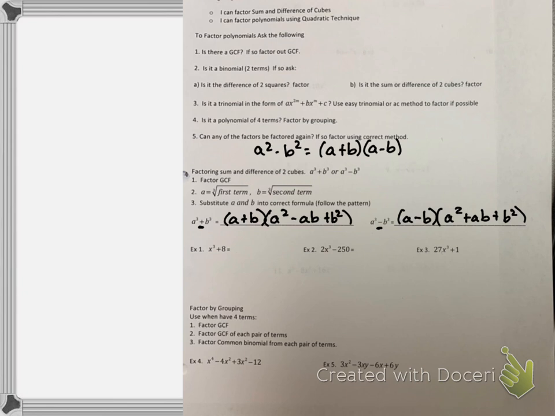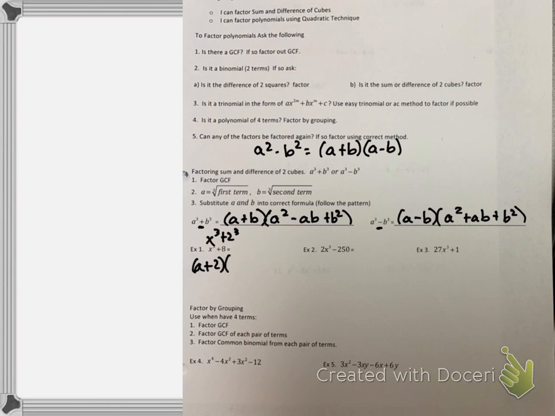All right, so let's look at a couple of examples. So example 1, I can see x to the 3rd. That's a perfect cube. And 8 is a perfect cube. That's 2 cubed, okay? So this is like x cubed plus 2 cubed, right? I know that 2 cubed is 8. So my a is x, my b is 2. So this would be x plus 2.